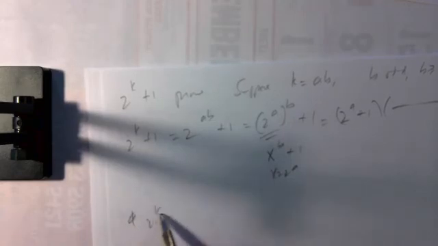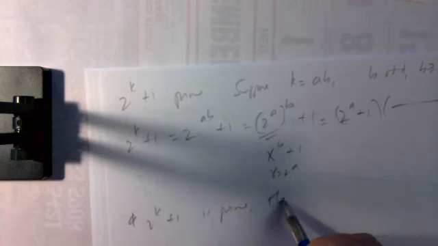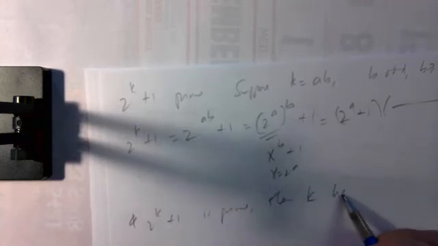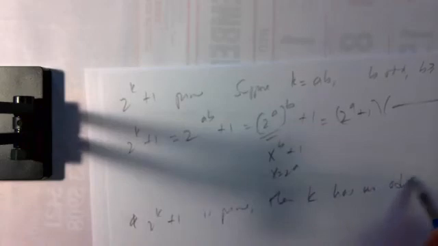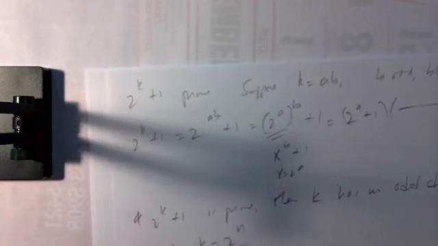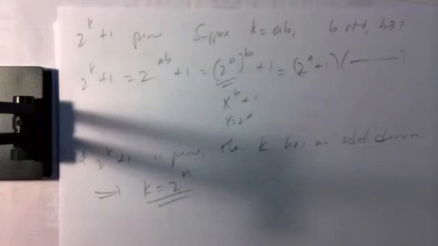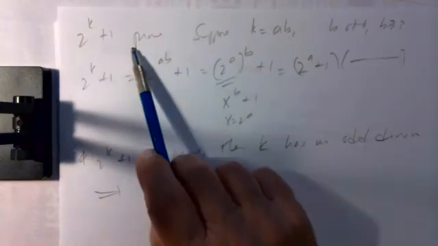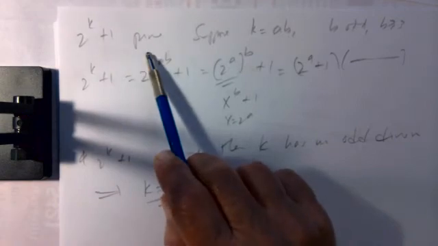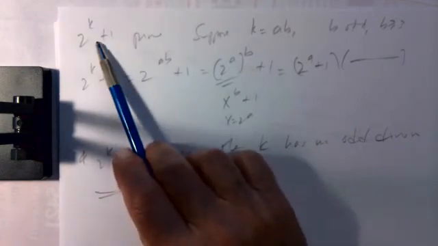So if 2 to the k plus 1 is prime, then k has no odd divisor, which can only happen if k is a power of 2. And that's the argument for a proof. Okay. If 2 to the k plus 1 is prime, k cannot have an odd factor.